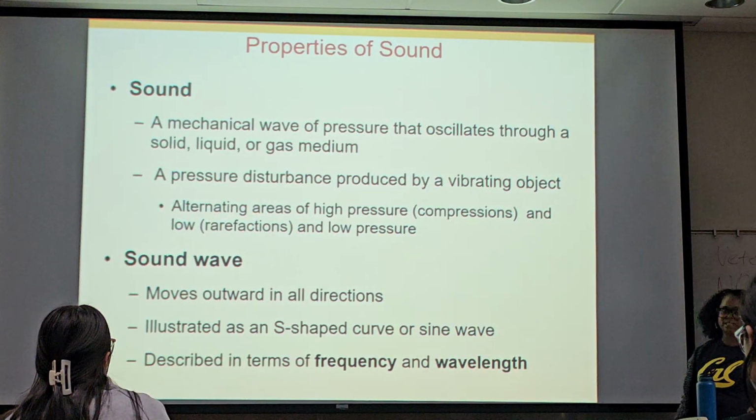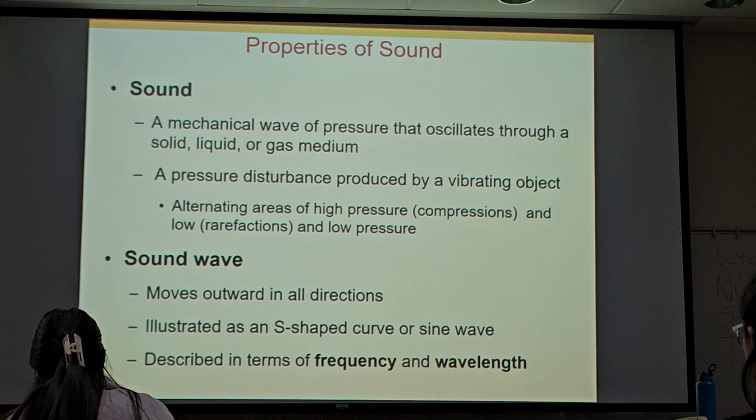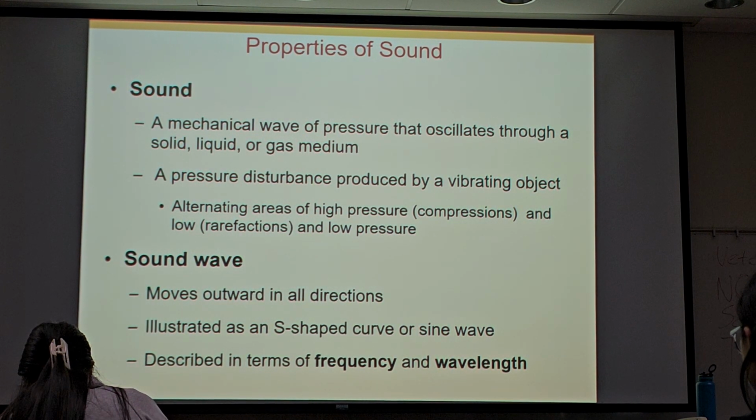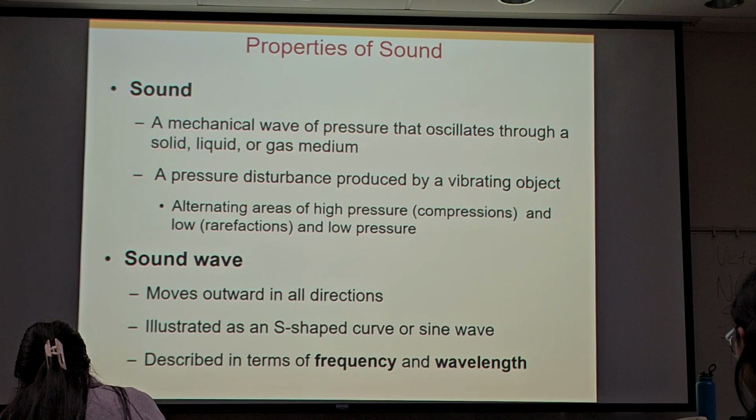All right, what happens when sound does its thing? What is sound? Sound is a wave, a pressure wave. It travels through solid things like the wall, through liquid, through gas.